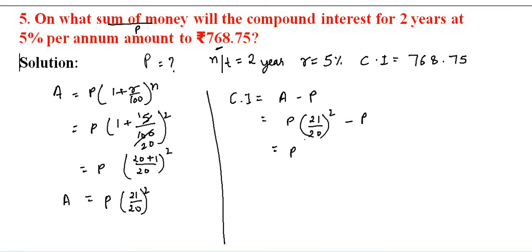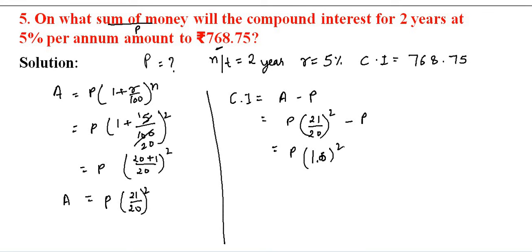Calculate this one, how much it is coming. So we will calculate 21 upon 20. When we do divide, it will come 1.05 and its square.